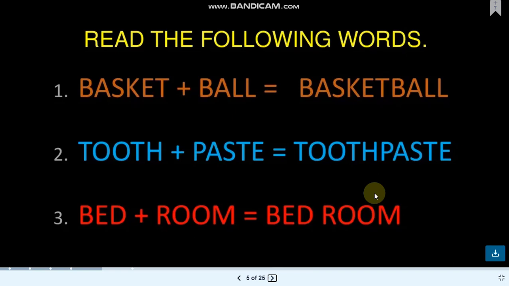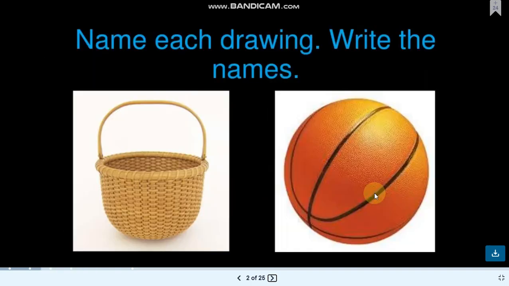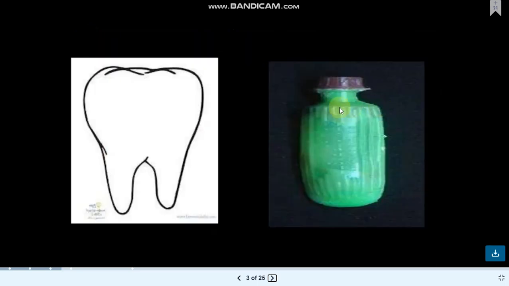So actually, the first picture, let's go back there. The first picture is showing us a basket. And this next picture shows us a ball. Am I right? Okay. And then in this second set of pictures, the first one is a picture of a tooth, and then this is a picture of a paste.